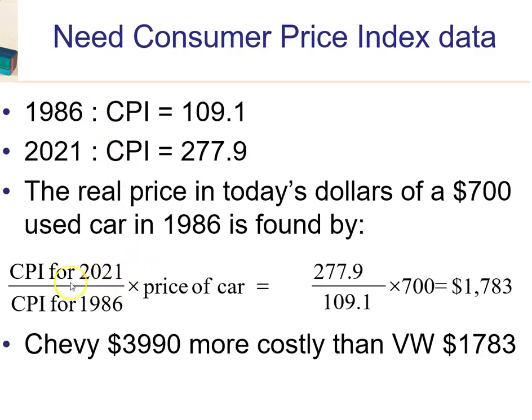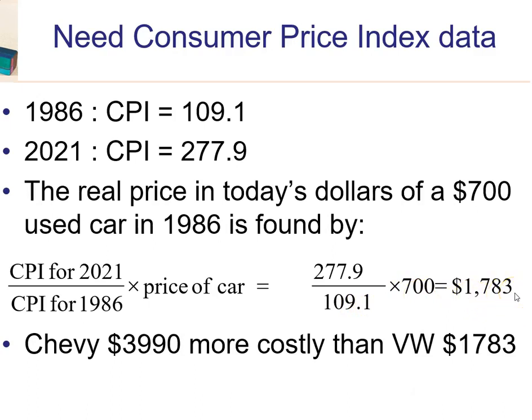Take your ratio of CPIs of 2021, today's dollars, with 1986, 109.1. Multiply this by the price of the vehicle. So it's 277.9 over 109.1 times 700. This comes out to be 1783.